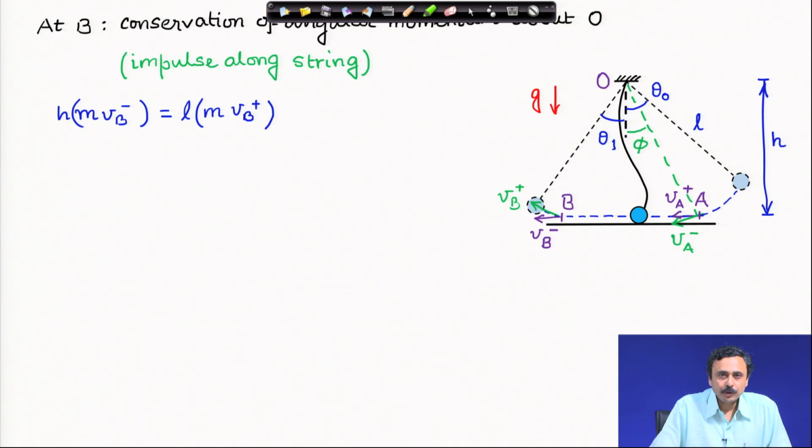Just before the string gets taut, the angular momentum about O: this is the velocity, so mass times velocity, m v b minus, is the linear momentum.